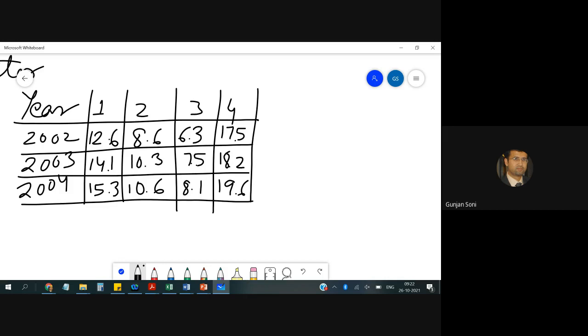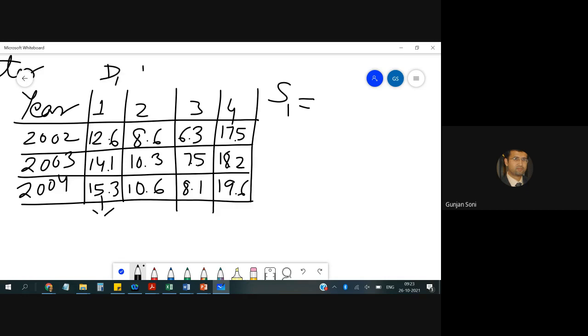Now we see that each quarter is representing a season. So if I have to find out S1, that is the seasonality index for quarter 1, that would be the total of this, that is D1, D2, D3, and D4.